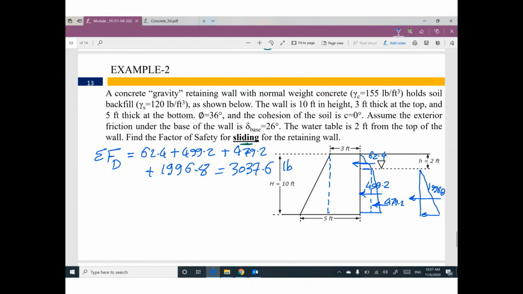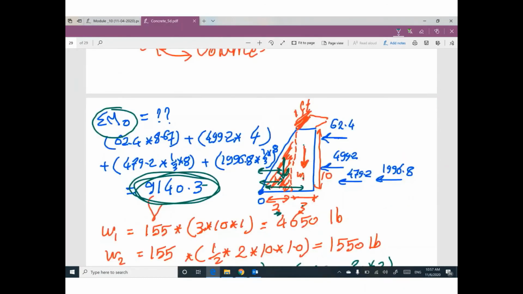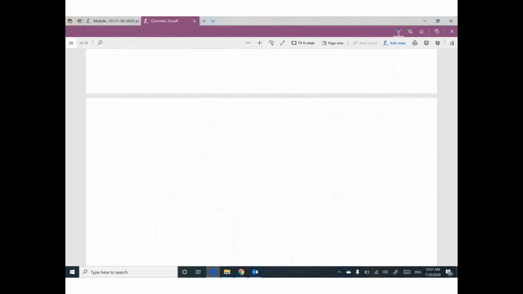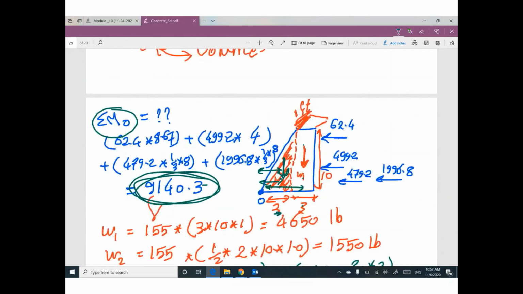Summation of all resisting forces equals mu times N, friction. Mu equals tan delta. N, summation of all vertical forces. Yeah, we have a weight here. Do you remember that weight? W1, 4,650. We have another weight here. How much? W2, 1,550.